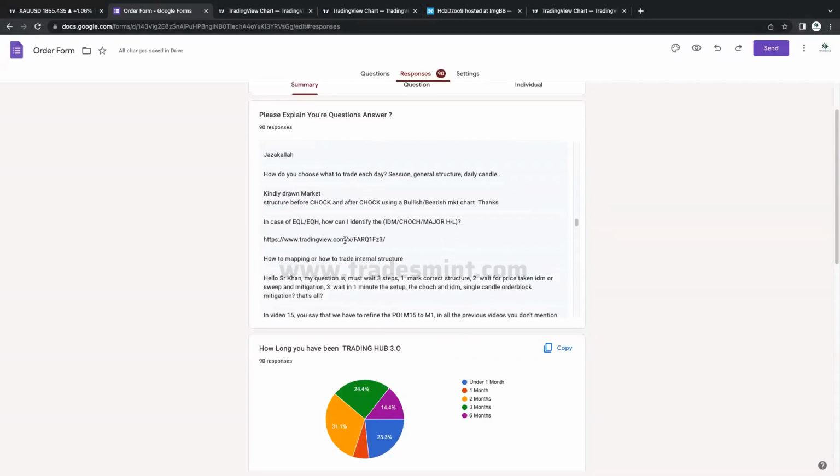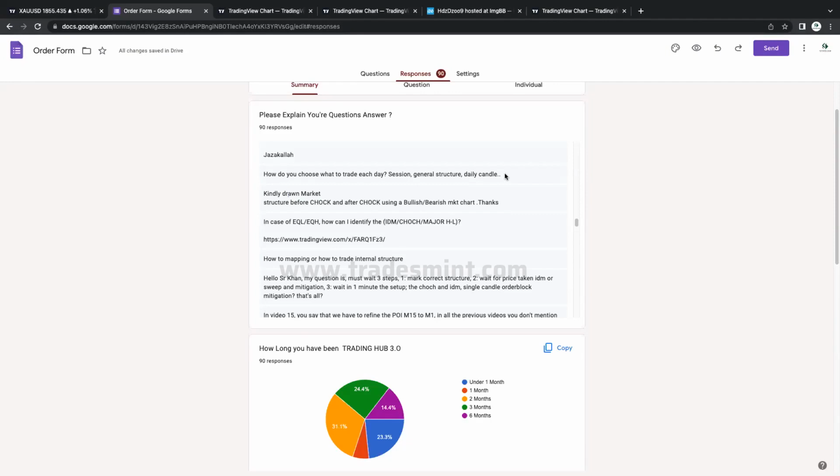Next question: how to choose what to trade each day, session, general structure, daily candle high or low? Sir, it depends, right? Every day you will not get an entry based on structure or based on the daily candle high or low, because to break the previous day high or low takes a lot of time, right?